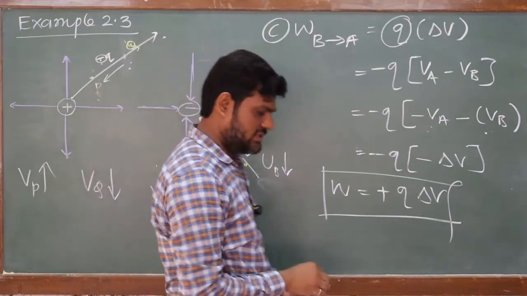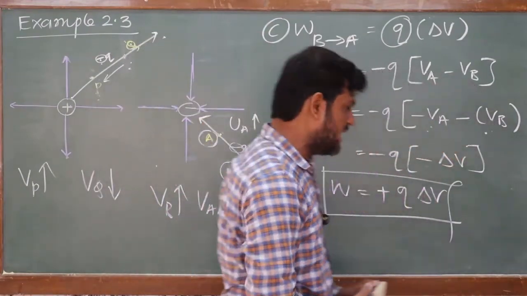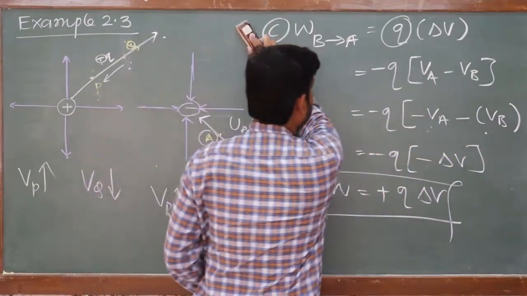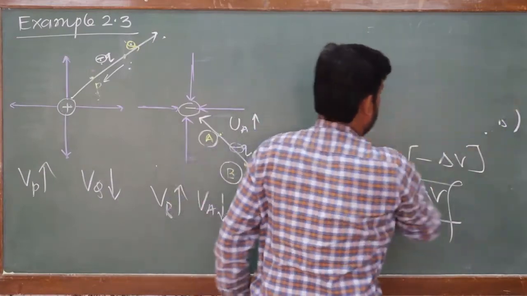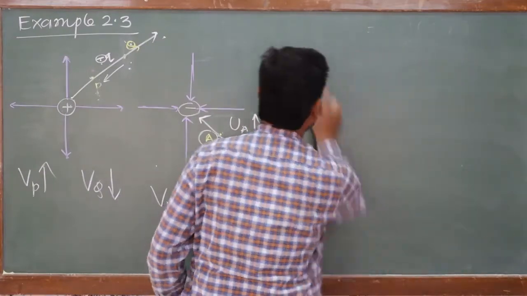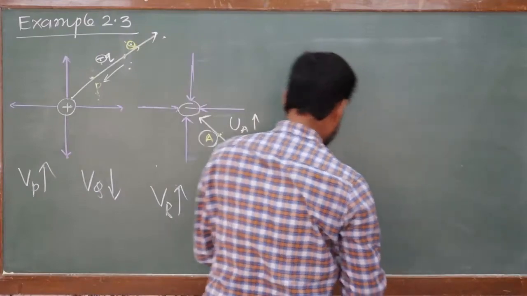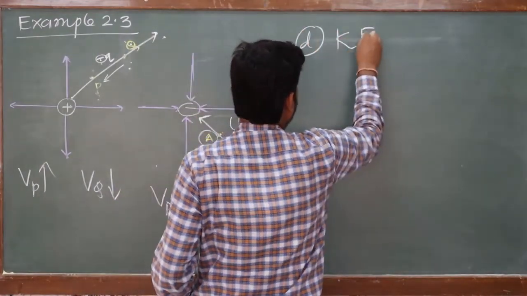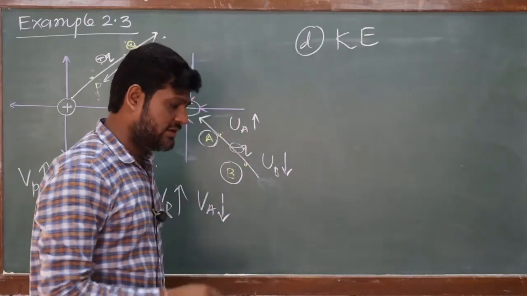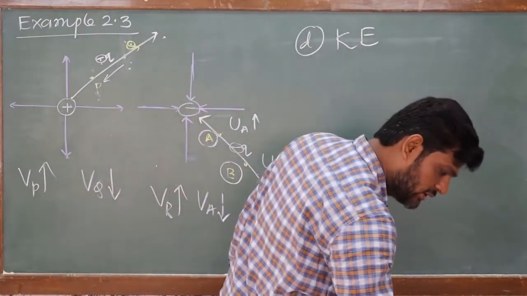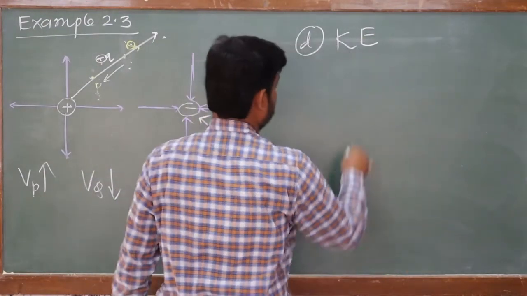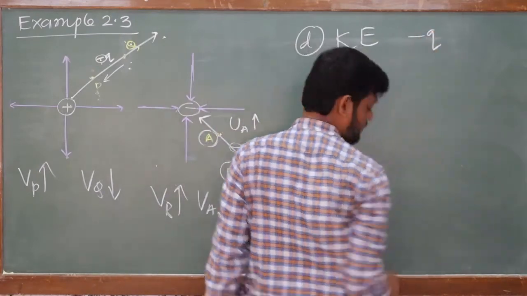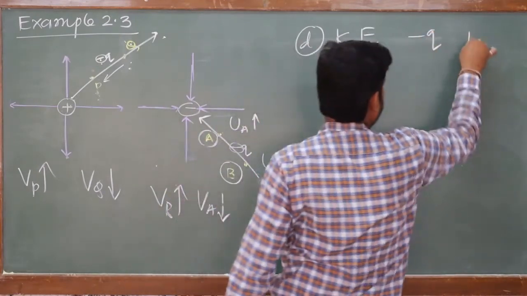And the last question that we are going to see, regarding the kinetic energy. This is the last question, question number D. What happens to the kinetic energy for carrying the negative charge from B to A?